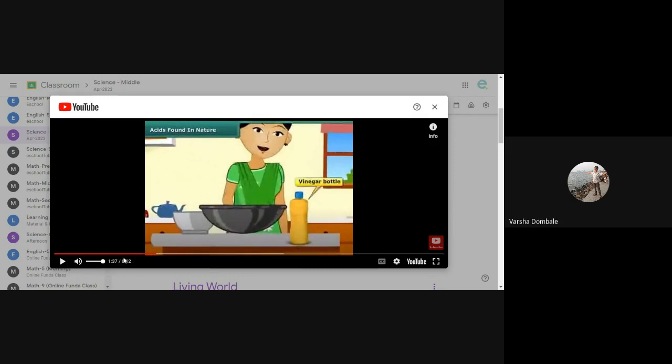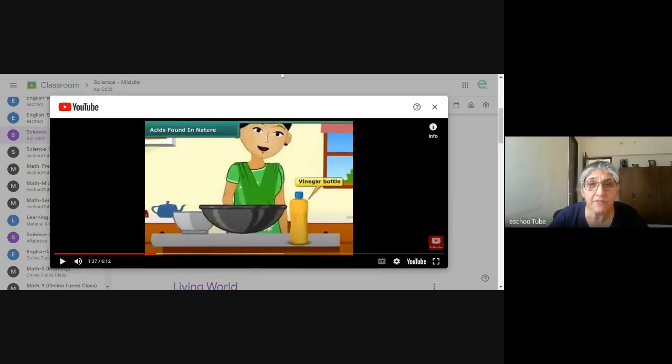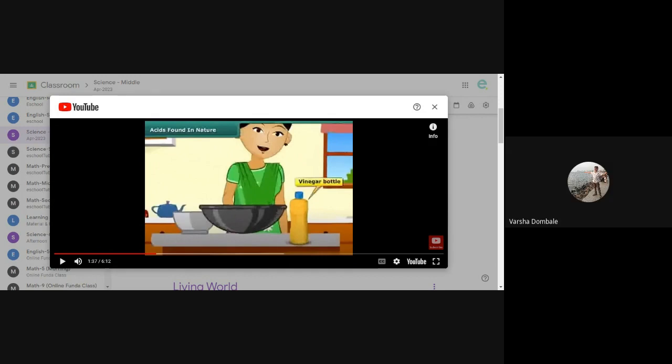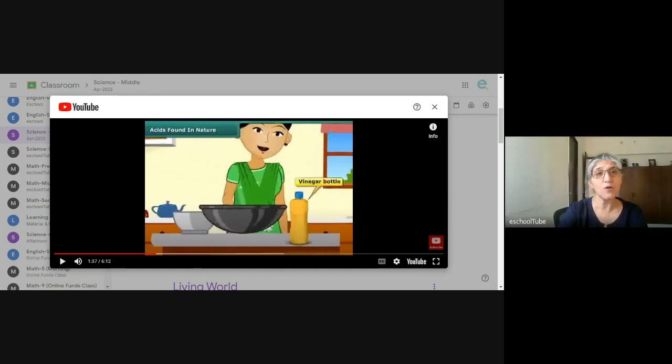Mandarin, even I am not aware of this fruit. Miss, I haven't had it. It looks like orange. It must be from the same family. So it is basically Mandarin orange only.